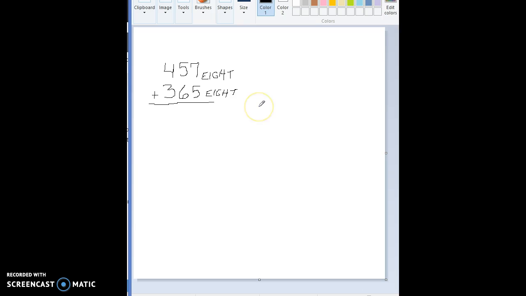All right. So when I add these, we need to modify our standard algorithm. I'm not trying to get 10, I'm trying to get 8 because I'm in base 8. So I've got 7 and 5, a total of 12 ones, or 12 babies.